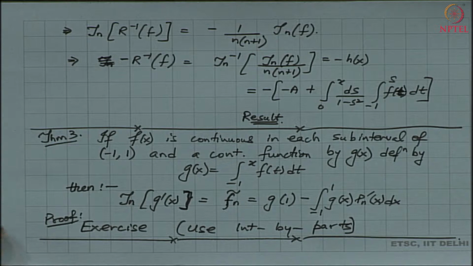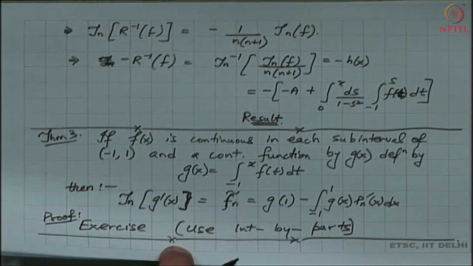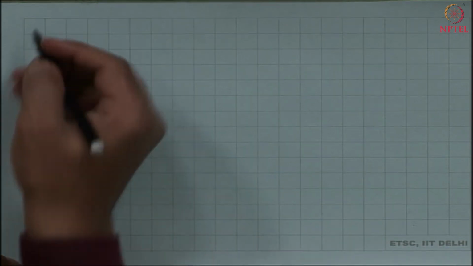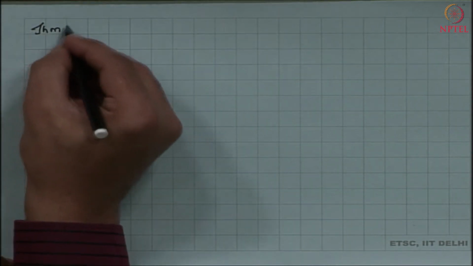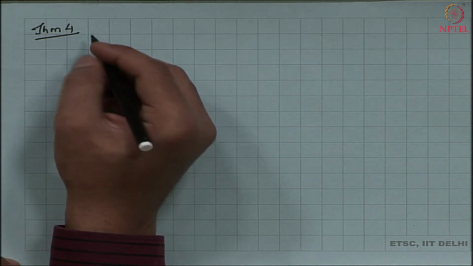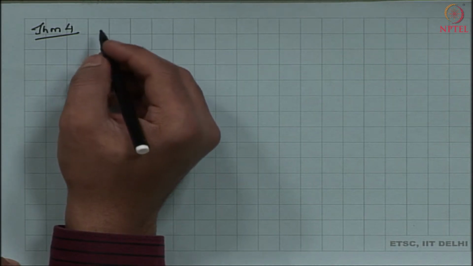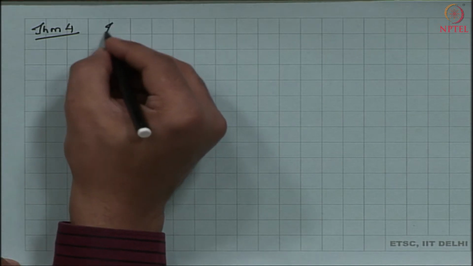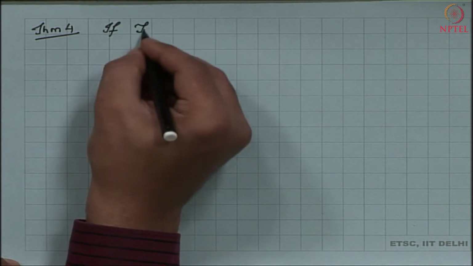Okay. So, then let me state another result, again in the form of another theorem, namely the convolution results on Legendre transform. It says that I am given the Legendre transform of two functions.